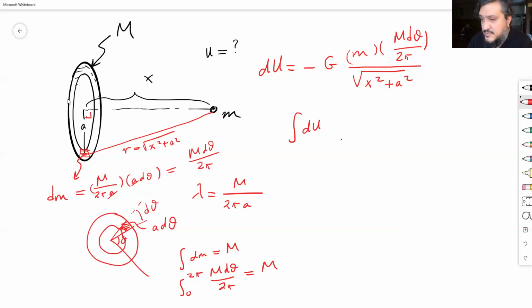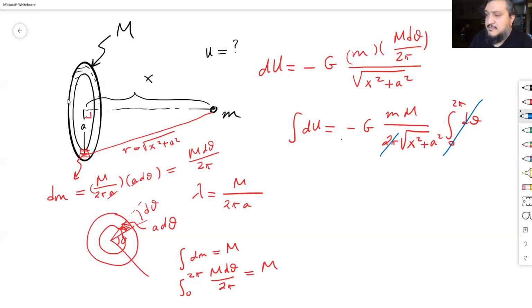So U will be equal to negative G M m over 2 pi times the square root of x squared plus a squared, times the integral from 0 to 2 pi of d theta. This integral will get rid of that, and you get the expression for U of this system: negative G M m over the square root of x squared plus a squared, the gravitational potential energy.